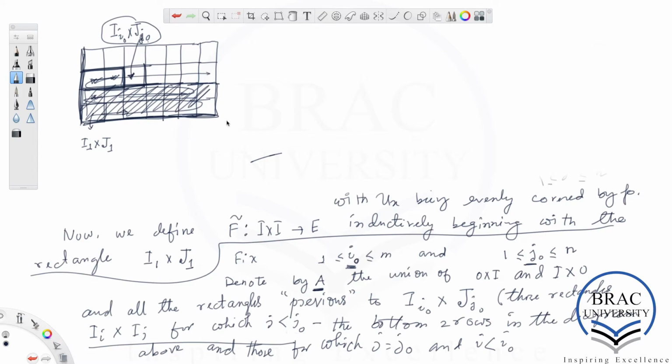Now let us fix the base case, because we are doing induction. What is the base case?